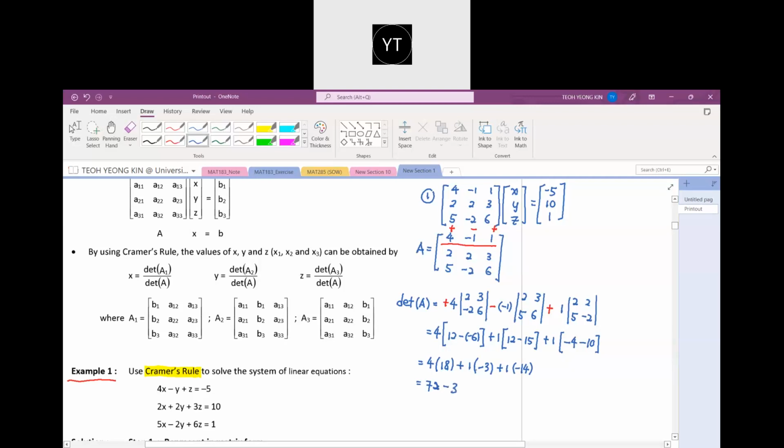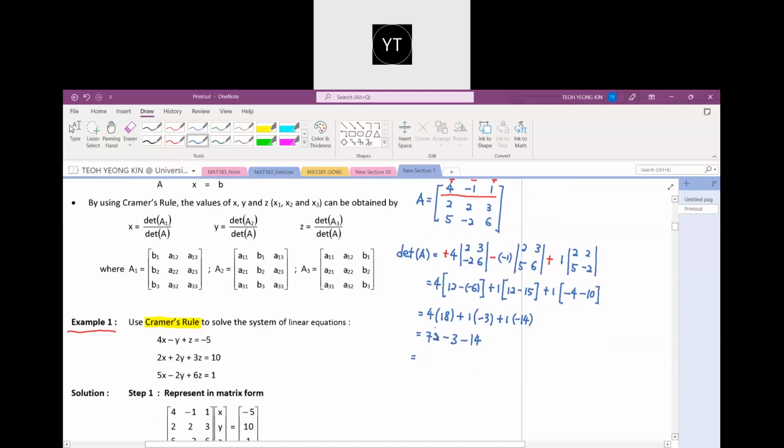Here plus 1 times -3, -3. Minus 14. So here we have 69, 69 minus 14, so we have 55. So the determinant of A will be 55.